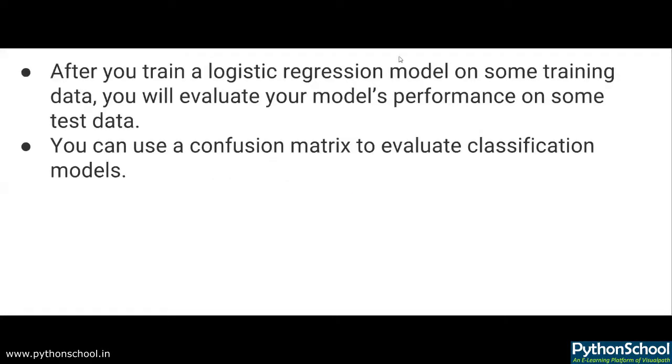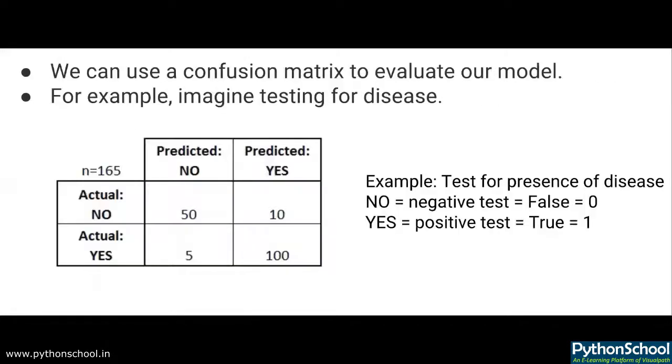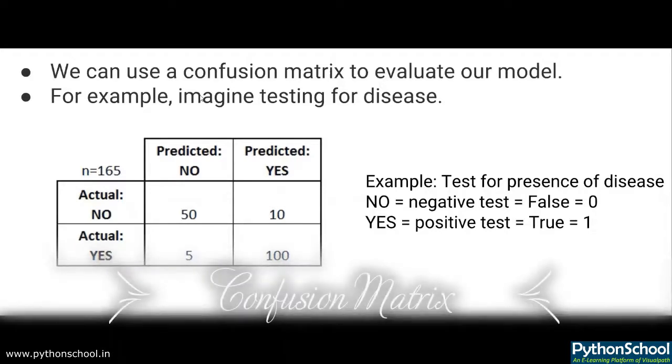So after you train a logistic regression model on some training data, you will evaluate your model's performance on some test data. And you can use a confusion matrix to evaluate classification models. A confusion matrix is a table that is used to evaluate a classification model on test data.